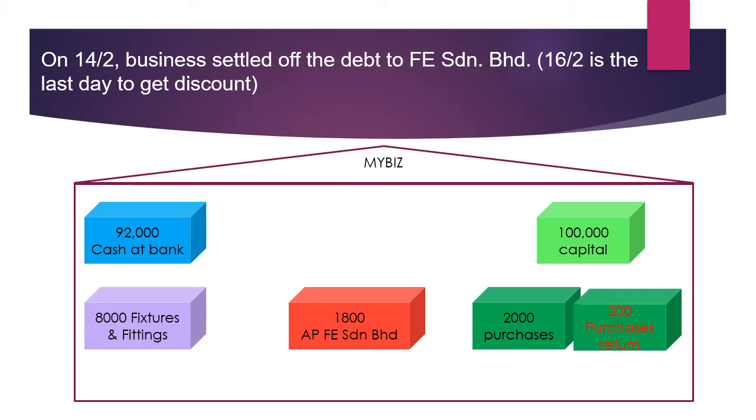So now let's look at another example, when the business settles the debt to FE Sdn Bhd. So currently we have 92,000 cash at bank, 8,000 value of fixtures and fittings, and you have a debt to FE Sdn Bhd of 1,800 ringgit, and you have 2,000 value of purchases, where 200 of it is a return to supplier, and 100,000 of capital.